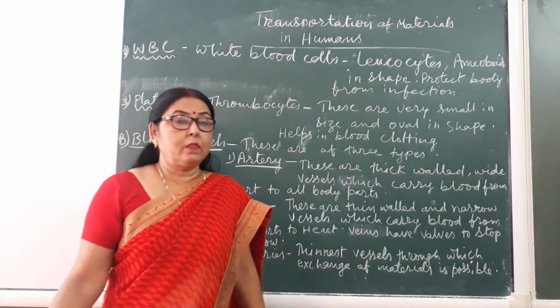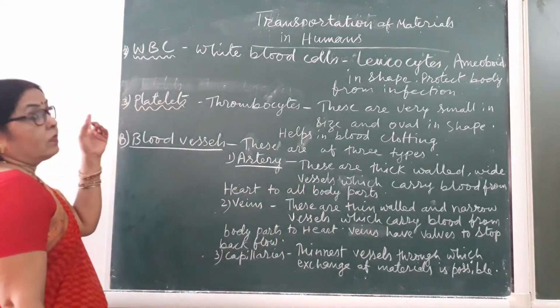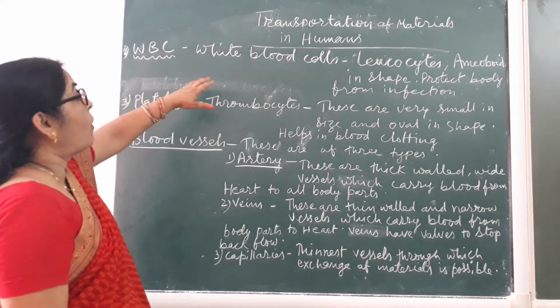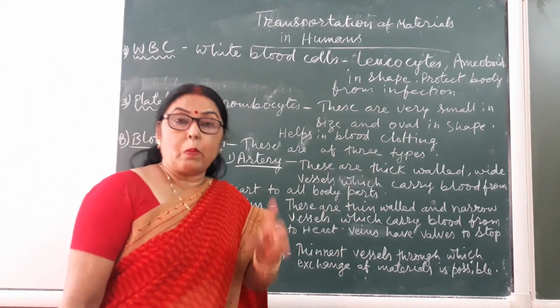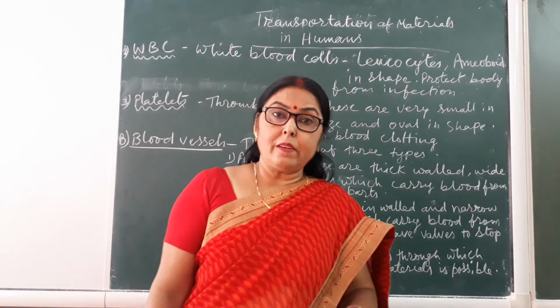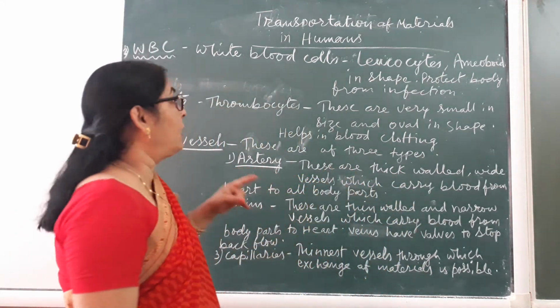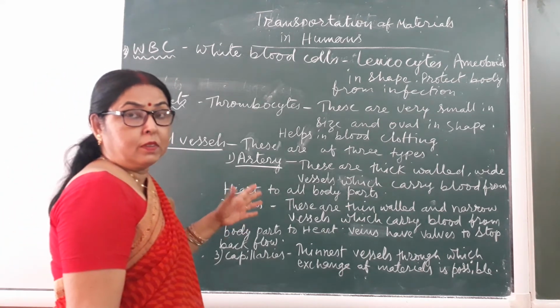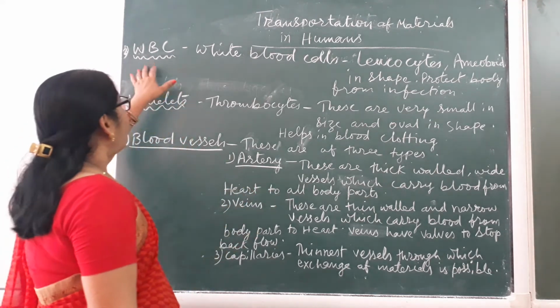So students, the second cell of the blood is the white blood cells, means plasma is the non-living part. The living part of blood are the blood cells. So we have discussed RBC, now WBC.